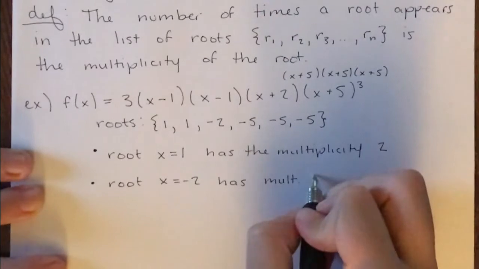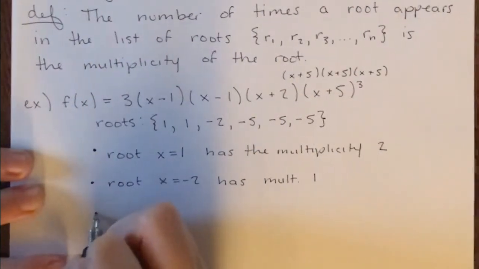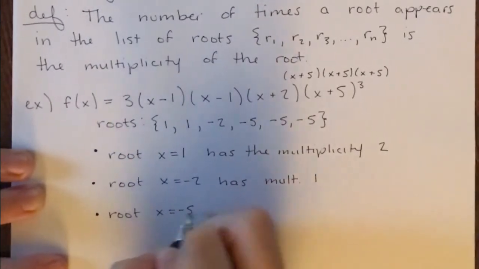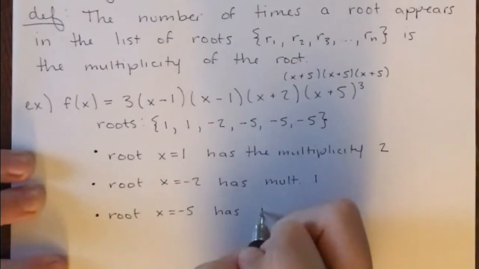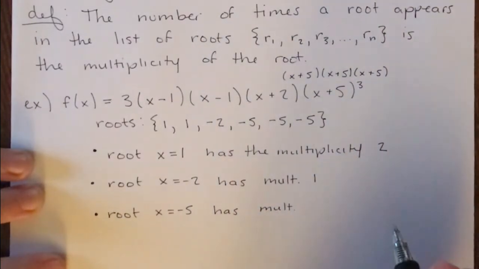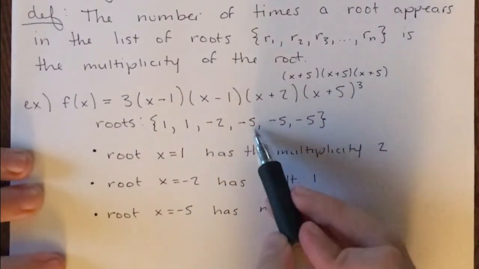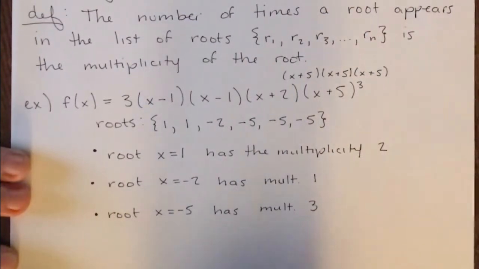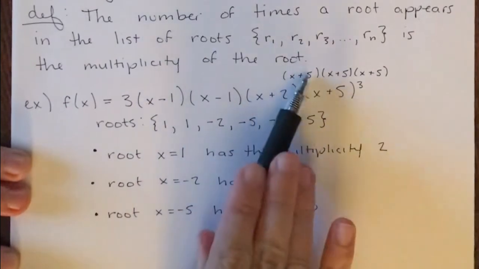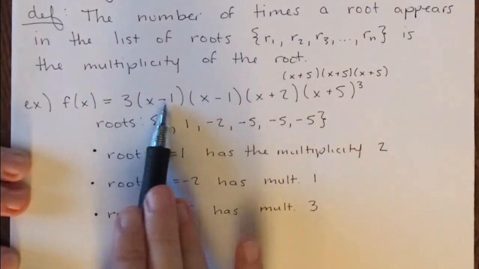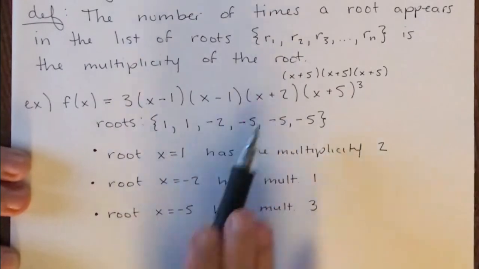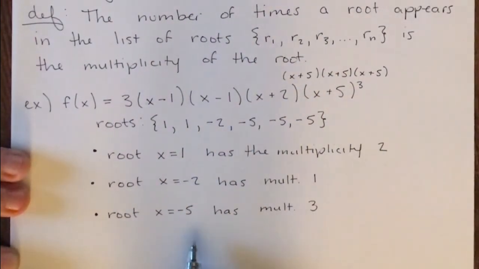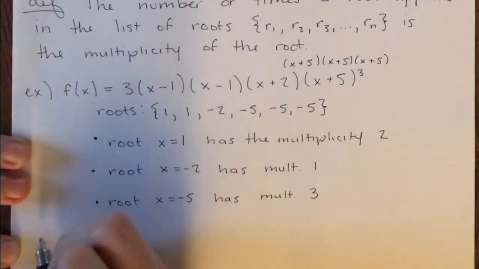Well, it only shows up once, so it has a multiplicity of 1. And the root x equals negative 5 has multiplicity what? Well, it's in our list 3 times, right? 3. So each of our factors is kind of accounted for. So we have the 2 that are 1, we have the 1 that's negative 2, and we have the 3 that are negative 5. And we know that all of them are accounted for by our multiplicity.